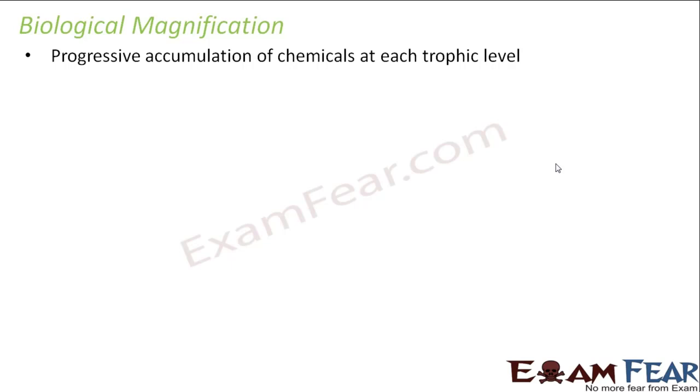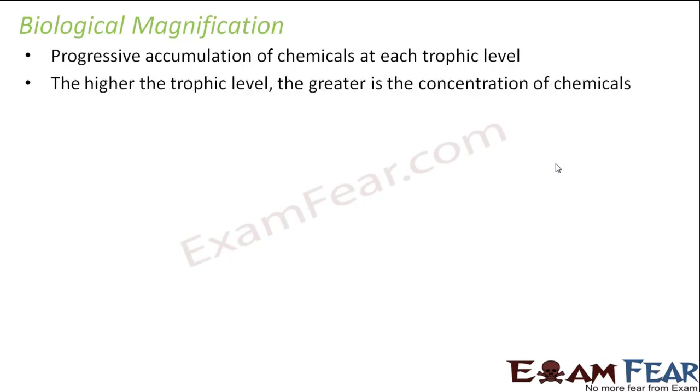Why? Because chemicals are not degradable. That means there is nothing that can break down chemicals into a simpler form which can be absorbed by an organism, right? So it remains unabsorbed, and that is why it keeps accumulating. So the higher the trophic level, the greater is the concentration of chemicals. Even though the amount of energy flow decreases, the concentration of chemicals increases.